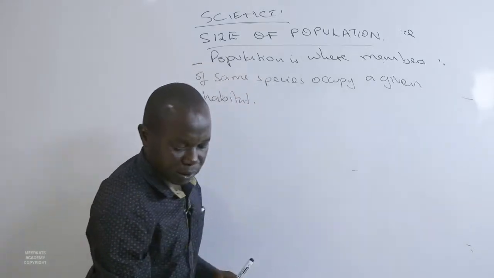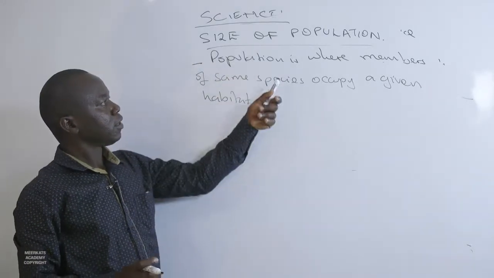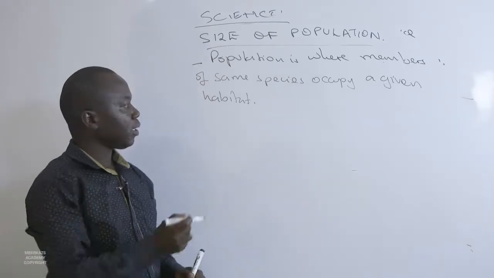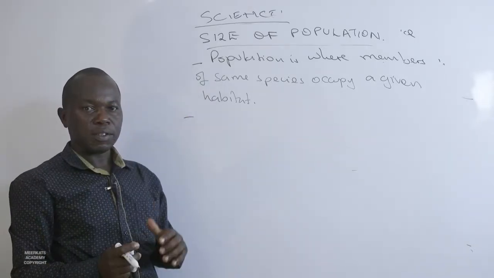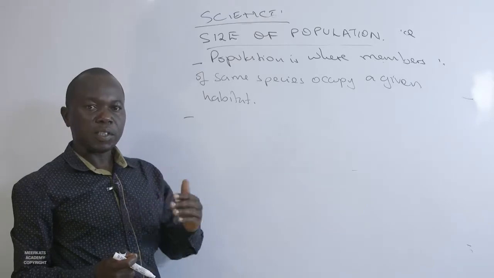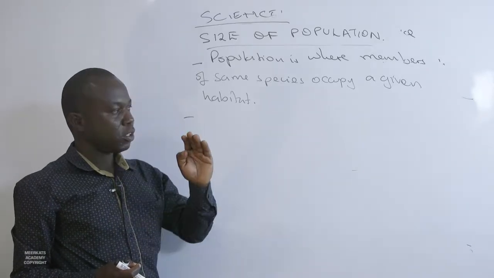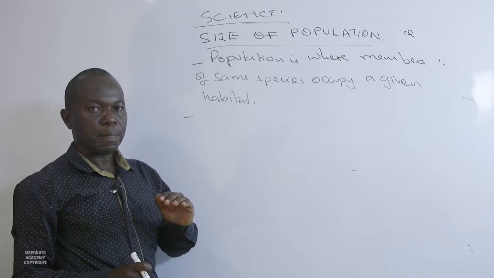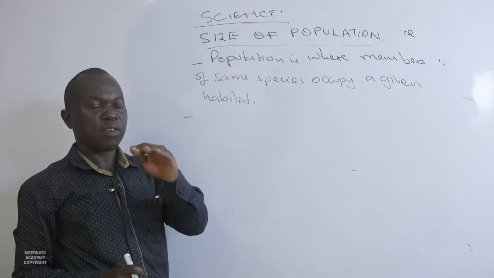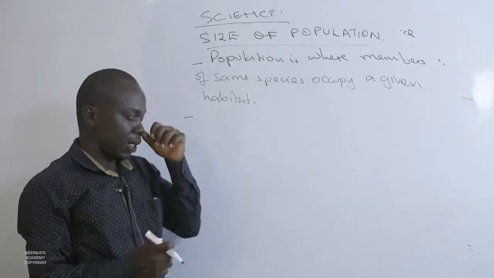But it should be noted that population size of organisms does not remain constant. It's never constant. Most of the time it's increasing, but not exponentially. There's always a cycle of rise and fall, but as it moves up.